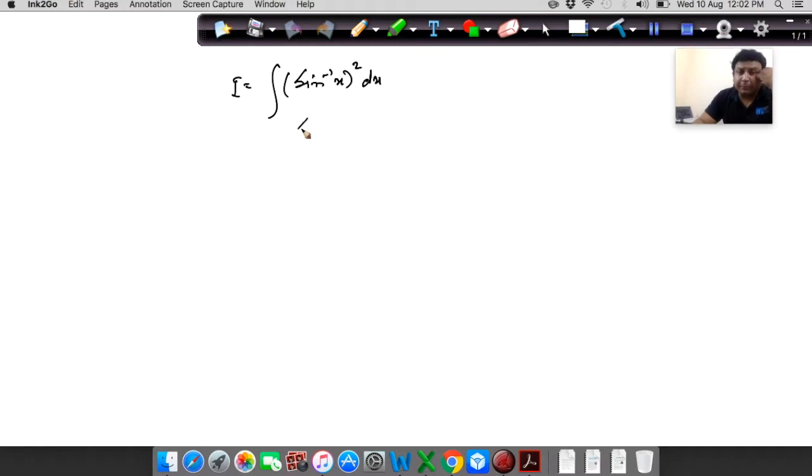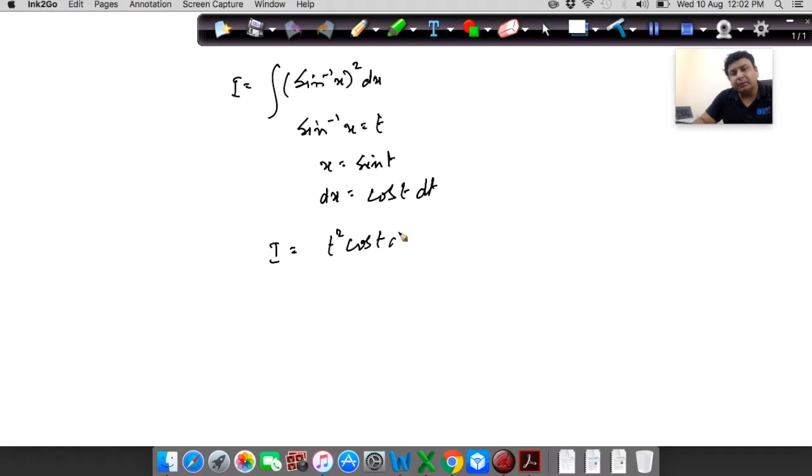But I prefer sine inverse x equals t. So x will be equal to sine t, so dx is cos t dt. So see, your question changes to t square cos t dt, isn't it?